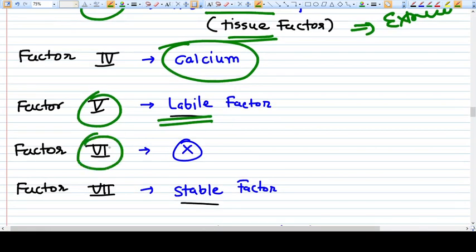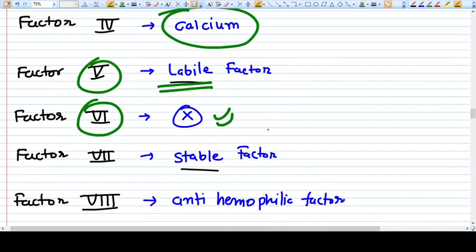Factor 6 is not now considered to be a factor, because there is nothing like factor 6. Whenever the researchers were studying this coagulation pathway, they needed a nomenclature for some particular factor which performs some process. They named those factors like factor 1.